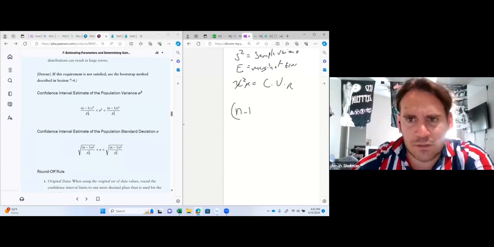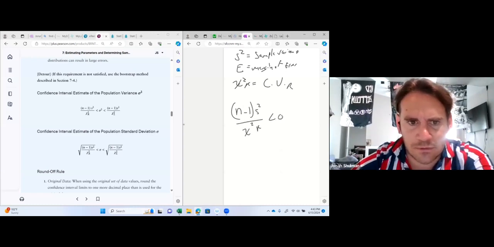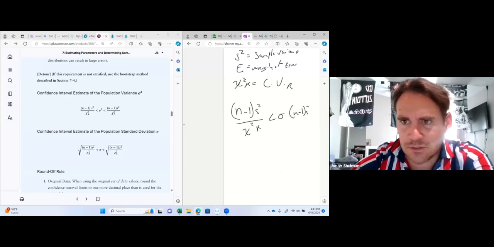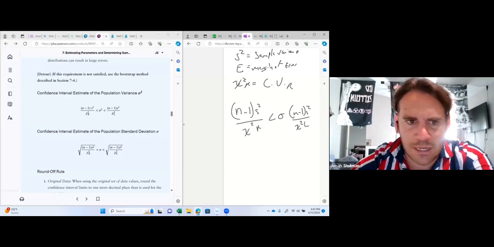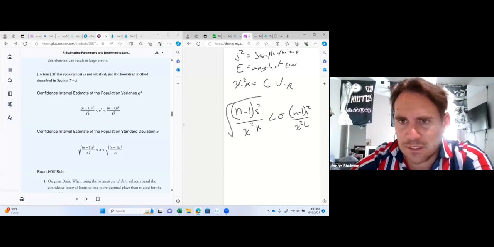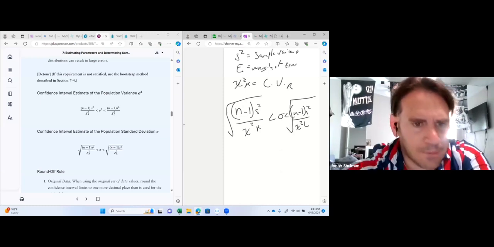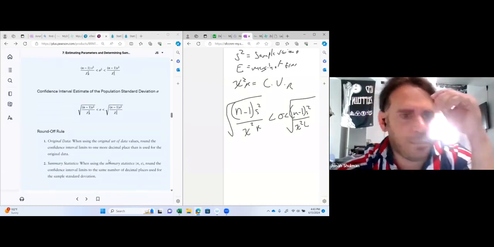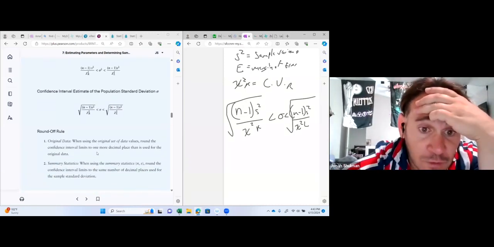N minus 1 times s squared over chi-squared to the right. N minus 1 times s squared over chi-squared to the left. And all we have to do is make it standard deviation. Round to one more decimal place than the original data.